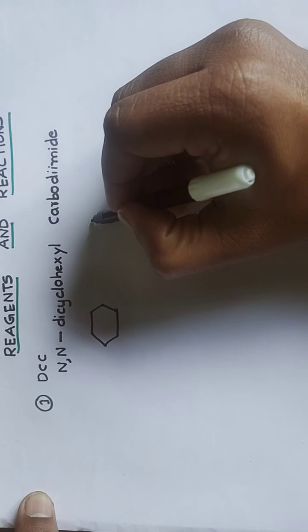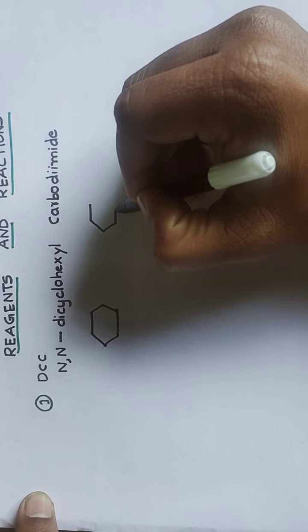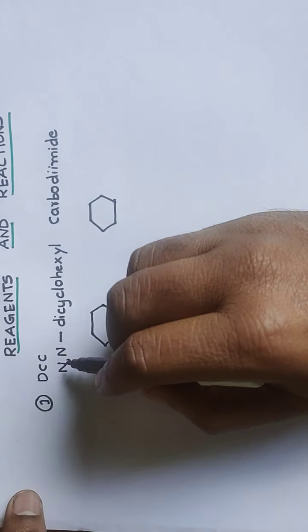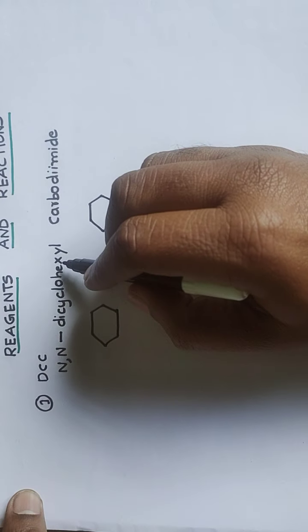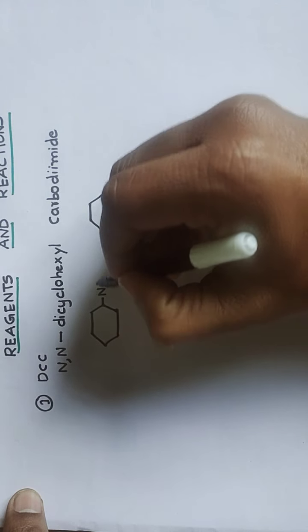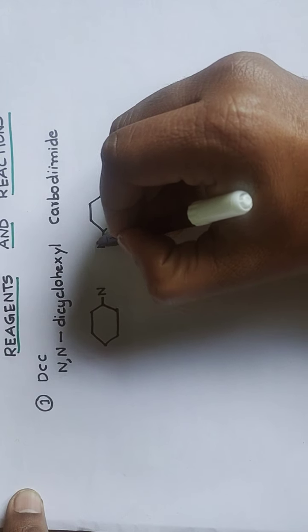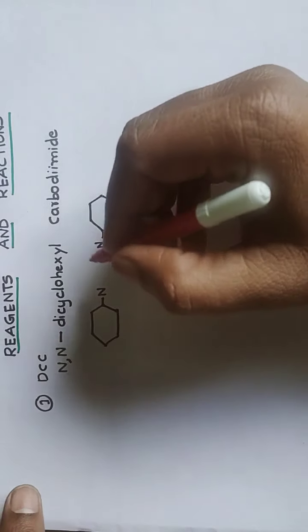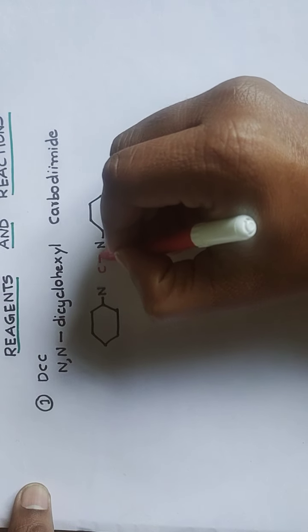N,N' means both the cyclohexyl rings are attached to nitrogen. Carbodiimide, so this is imide, N double bond C double bond N. So this is the structure of DCC.